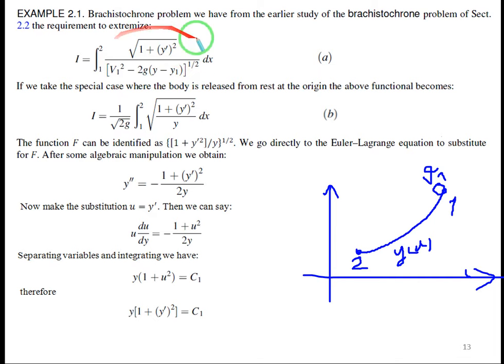This is the problem. In this problem, we are going to find y of x in order to minimize the amount of time.